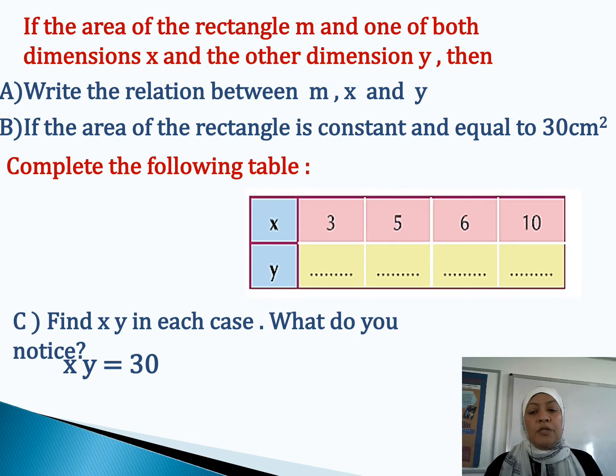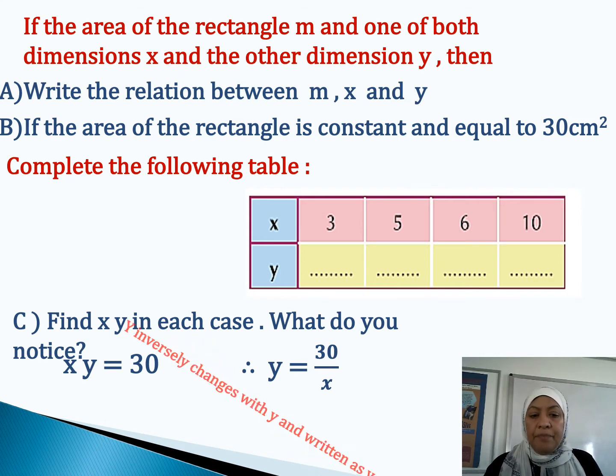If I want to calculate y, I'm going to divide 30 by 3. So 30 divided by 3 is 10. 30 divided by 5 is 6. 30 divided by 6 is 5. 30 divided by 10 is 3. So we get y using M divided by x.